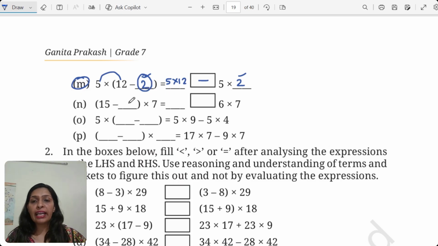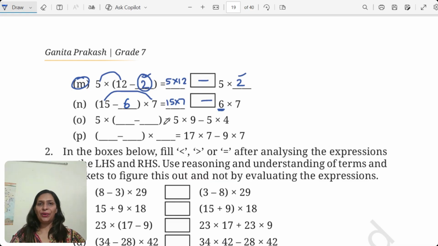Now 15 minus dash multiplied by 7. So the first part is going to be 15 and 7. So 15 multiplied by 7. In between we have a minus sign and since it is 6 here, the second number is 6. So I will put 6 here. Okay. Then the common number is 5. So I will write 5 here.